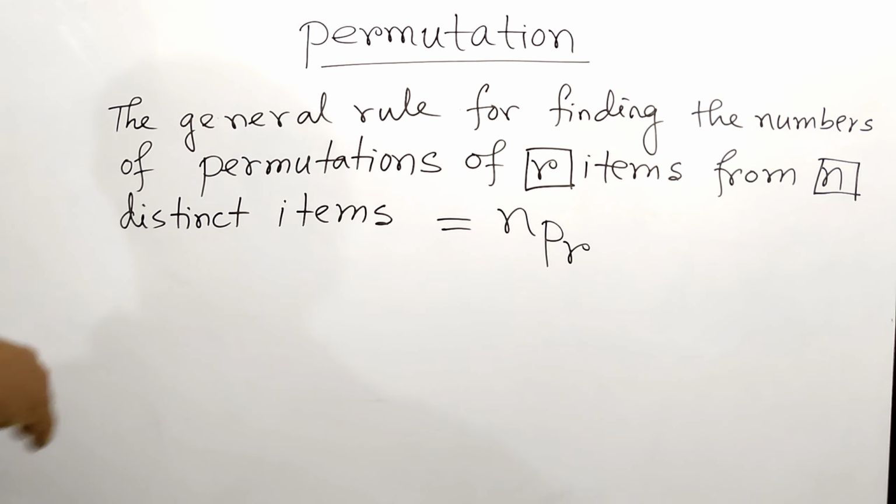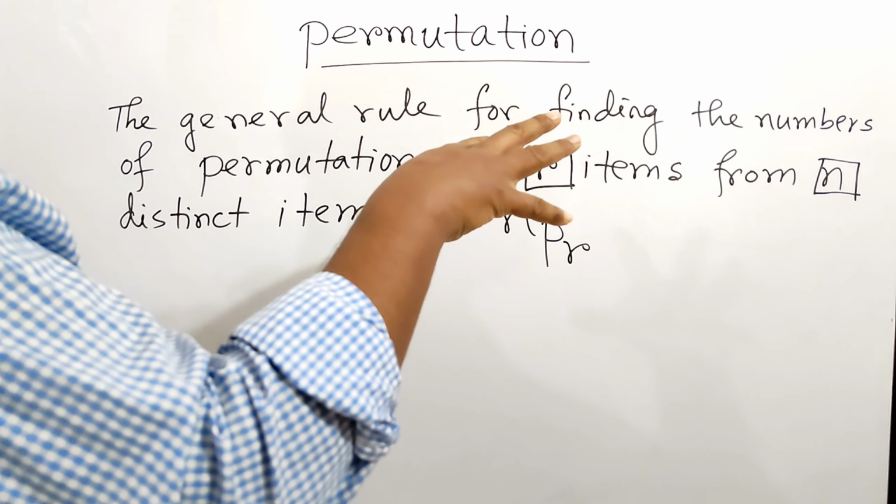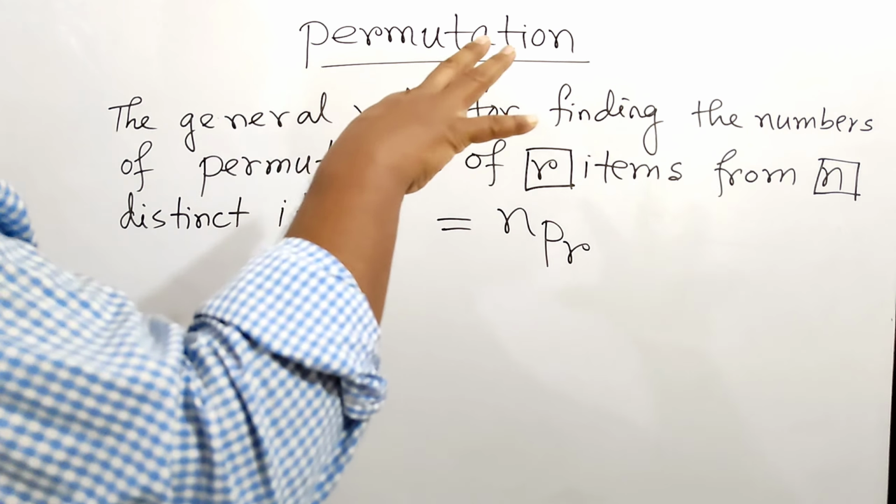Suppose n items are given and all the items are distinct, that means different, and you need to make the permutation by taking R items from these n distinct items. The formula is nPr. Keep in mind, here P is the permutation. In your scientific calculator you can see the nPr function.